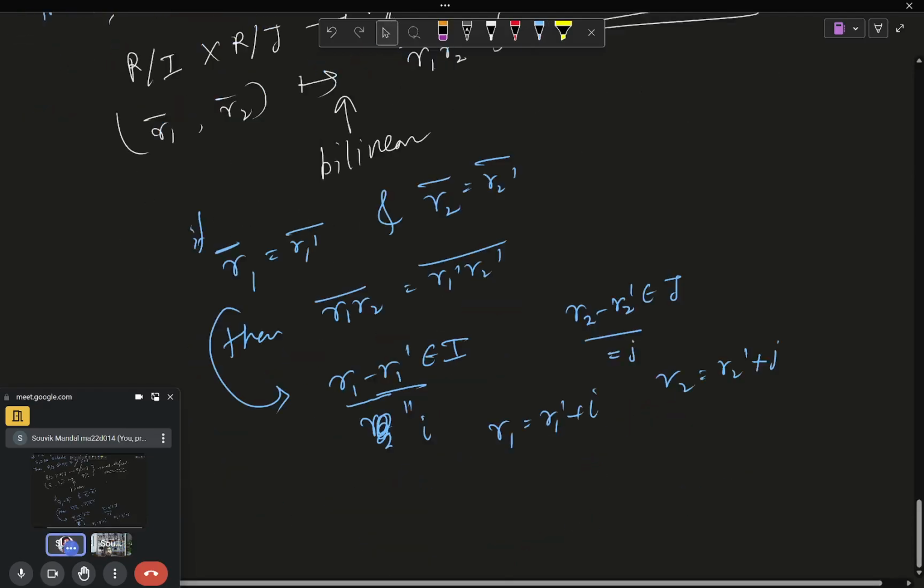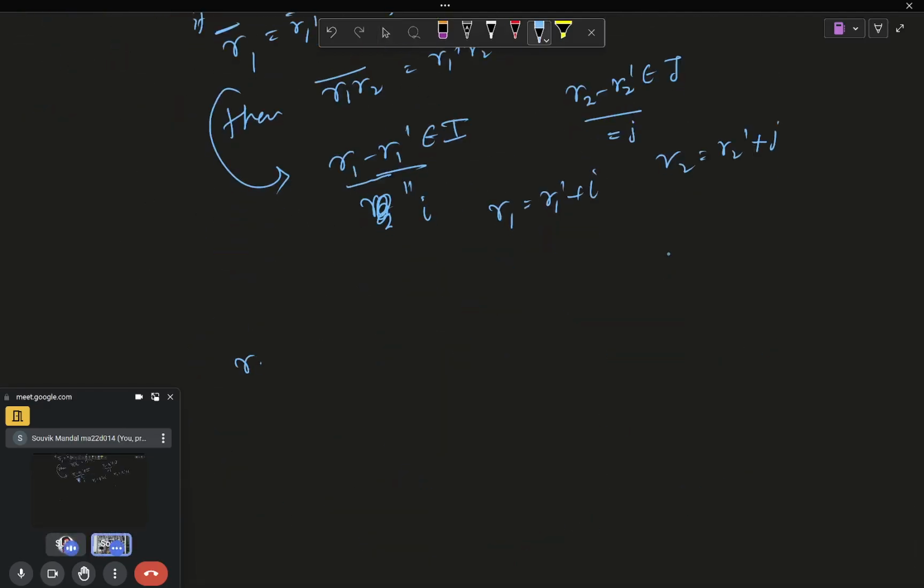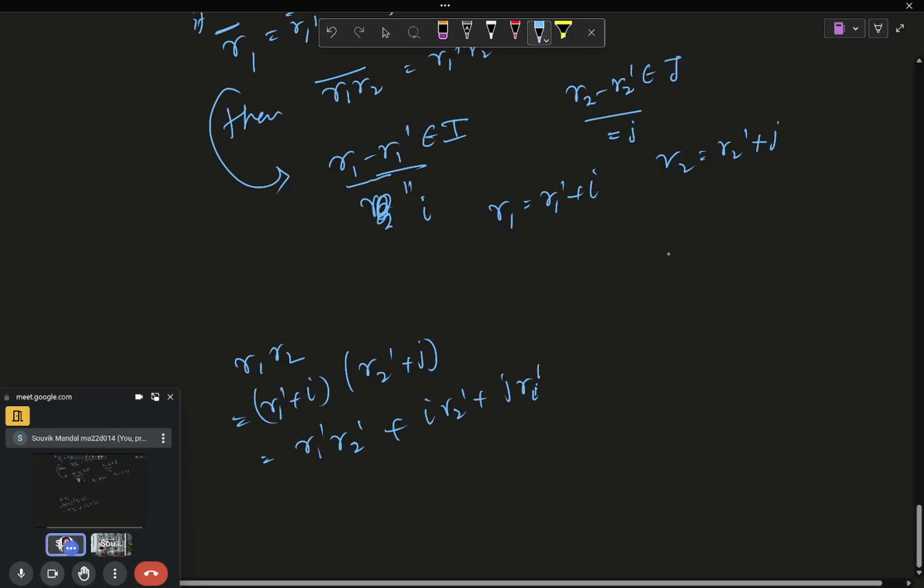Now what do you do? R1 R2 is basically (R1 dash plus i) times (R2 dash plus j). So it is R1 dash R2 dash plus i R2 dash plus j R1 dash plus i j.